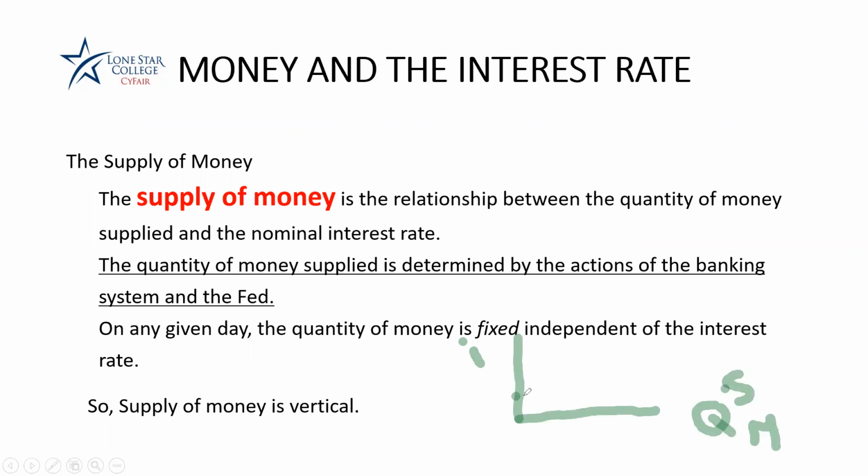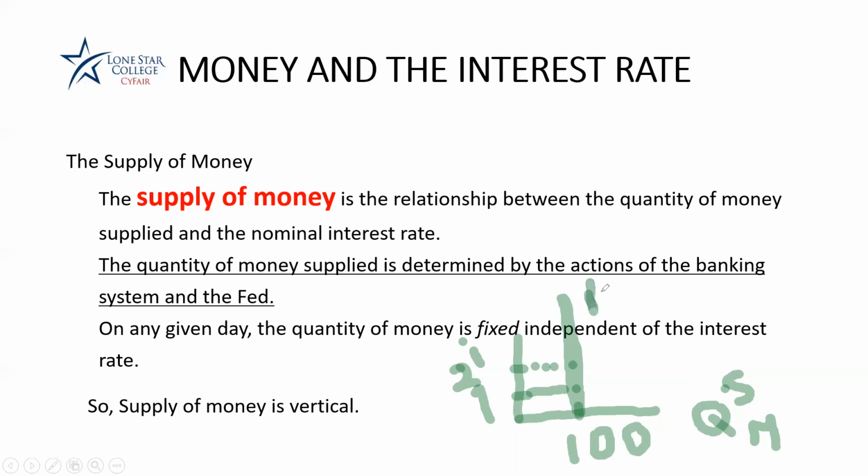It doesn't matter if the interest rate is 1%, 2%, or 3%, the supply of money is fixed. Let's say it's hundreds of millions or billions of dollars, okay? If the interest rate is 1%, the quantity of money supplied is 100. If the interest rate is 2%, the quantity of money supplied by the Federal Reserve is again 100 million dollars.